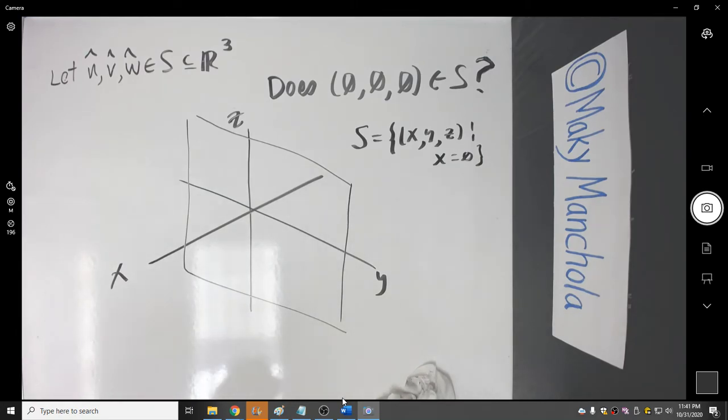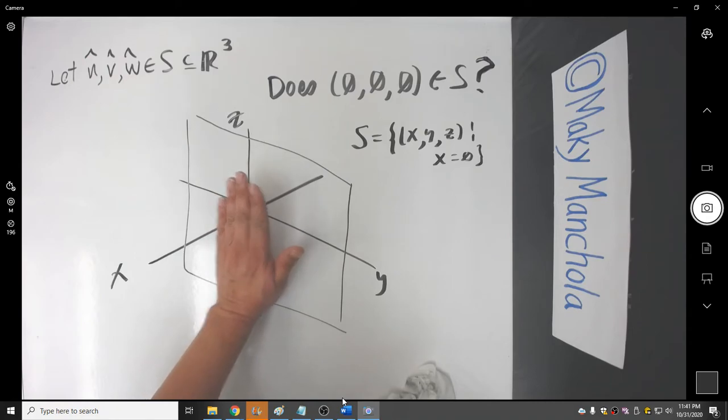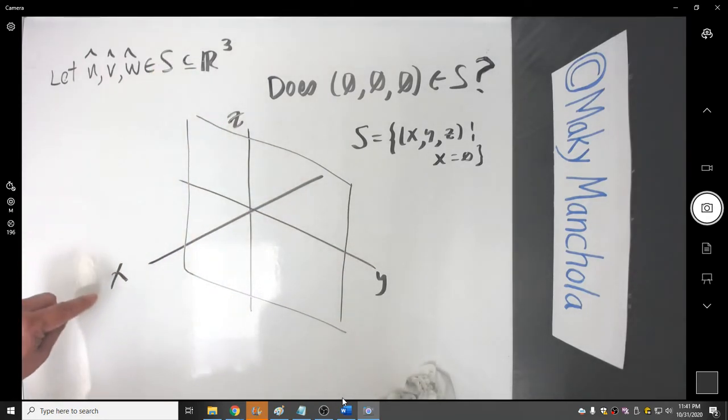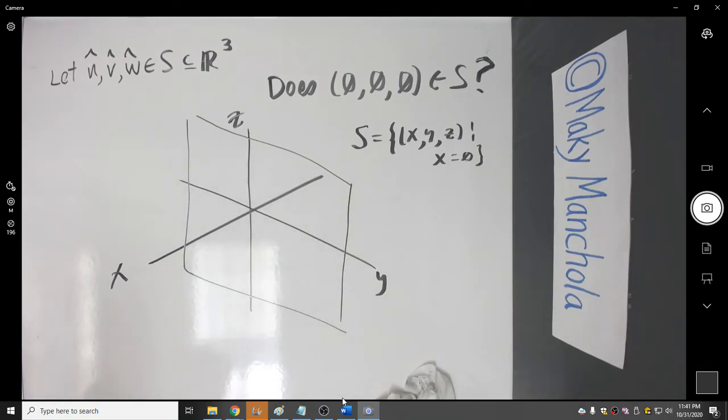Now, in an earlier example in a separate video, we studied a similar situation, but we were not looking at the YZ plane. We were looking at the XY plane, and we established in similar fashion as we did in part A that the structure happens to be a linear space.